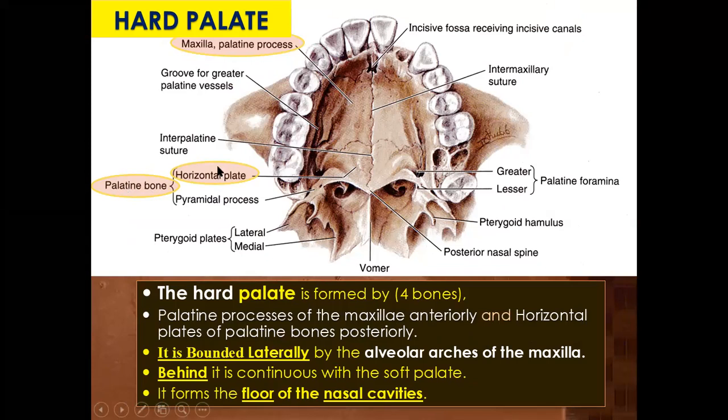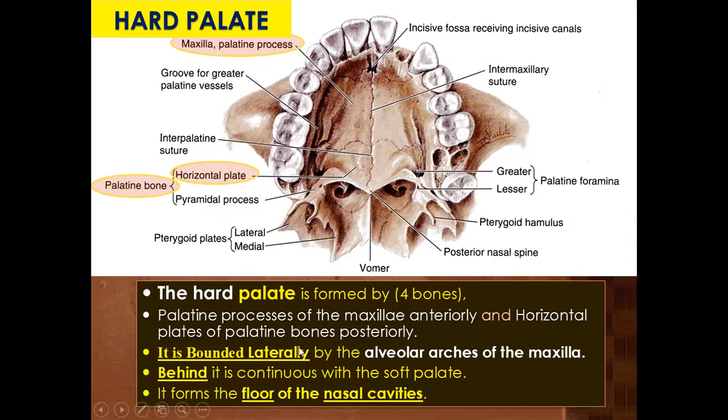The palatine bone has two parts, the horizontal plate and the pyramidal process, but the horizontal plate forms the roof of the oral cavity, or the hard palate. So the hard palate is formed by the palatine process of the maxilla and the horizontal plate of the palatine bone. These two bones are in pairs, so it becomes four bones.